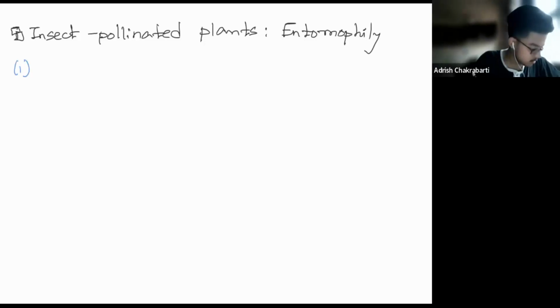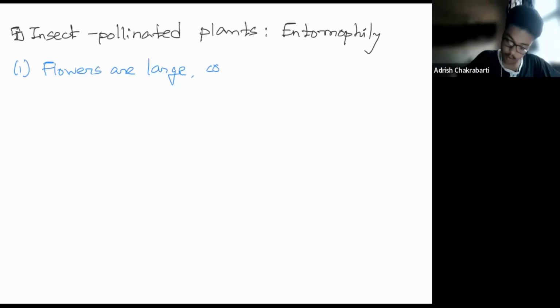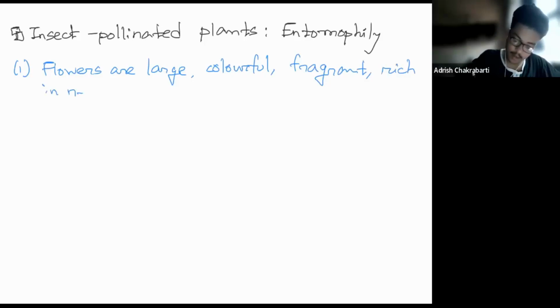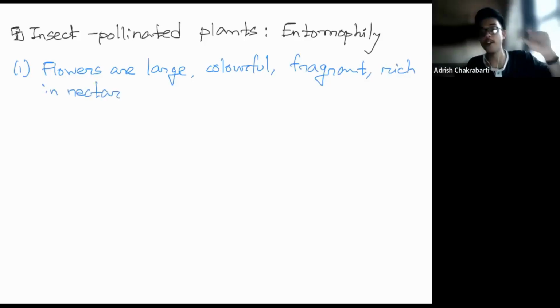First, flowers are large, colorful, fragrant, rich in nectar. I have already discussed that the flowers are colorful and fragrant to attract their particular insect pollinator. They are rich in nectar because nectar acts as a reward. I've covered that as well.